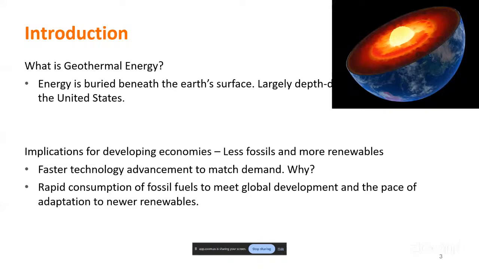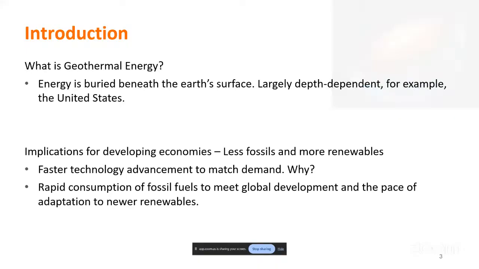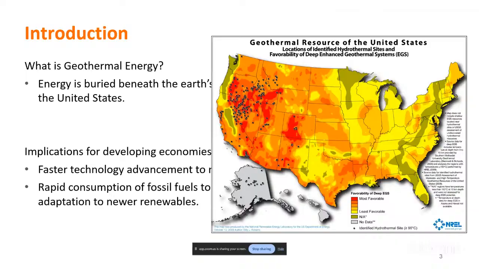For example, in the United States, where they have a very developed temperature gradient map, you can see the temperature distribution. So this map is showing temperature at 10-kilometer depth at different locations around the US. And the black dots you see are where they're actually exploring hydrothermal resources, which is a form of geothermal energy.